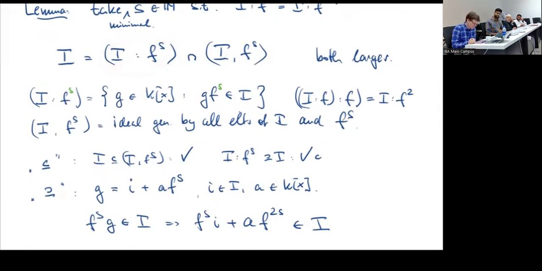The first summand is of course in I, because it's something in I multiplied by F to the S. So we conclude that A times F to the 2S is in I.